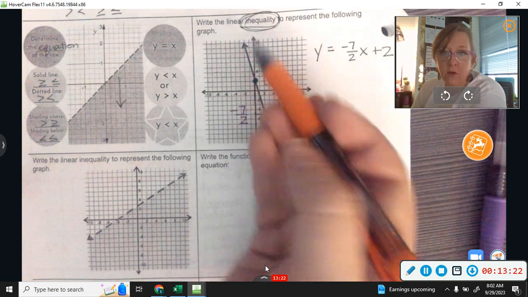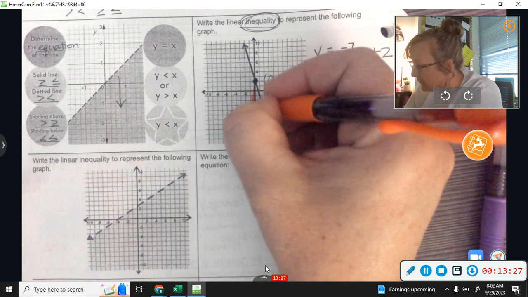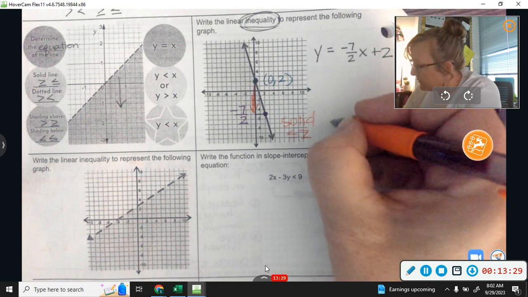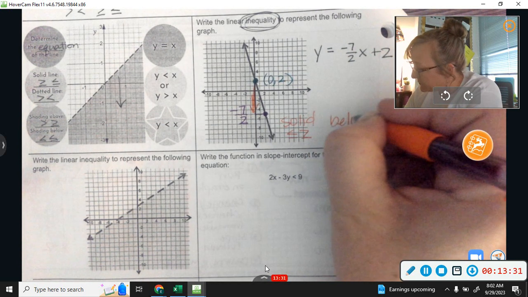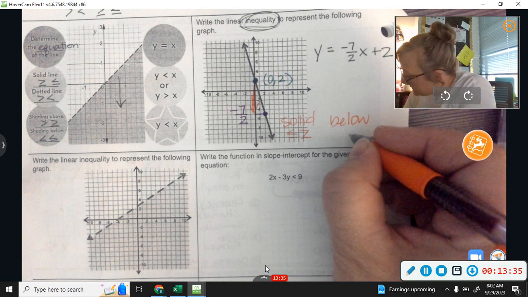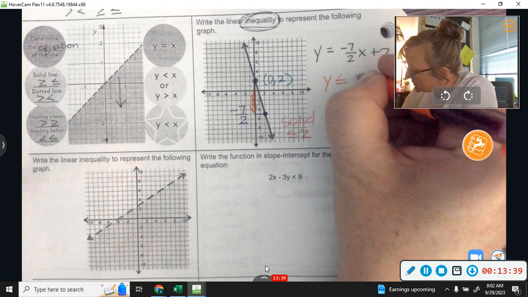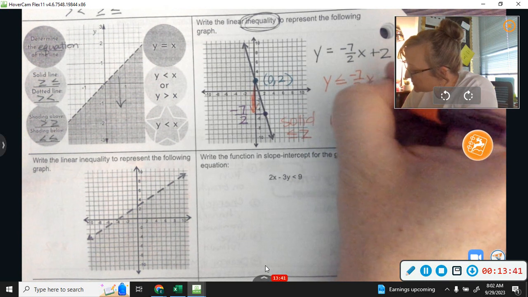So it's still below, it's lower, it's less. If I pick an individual point, I'm going down from that one point. So either way, I'm shaded below. So that would be less than or equal to. So I've got y is less than or equal to -7/2 x plus 2.